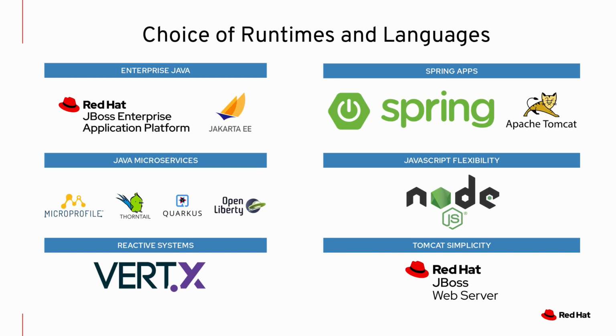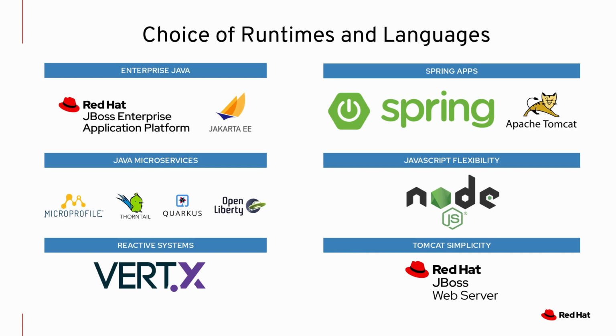If you are an experienced Java developer and would like to implement more lightweight style services using the MicroProfile specification, you can leverage frameworks like Thorntail or OpenLiberty. Also, if you are a Spring developer, you can use Spring. If you prefer Node.js and JavaScript, you can use Node.js here, and the others.